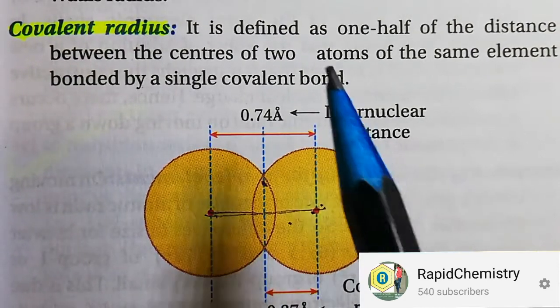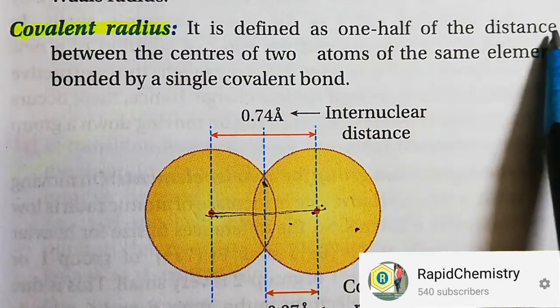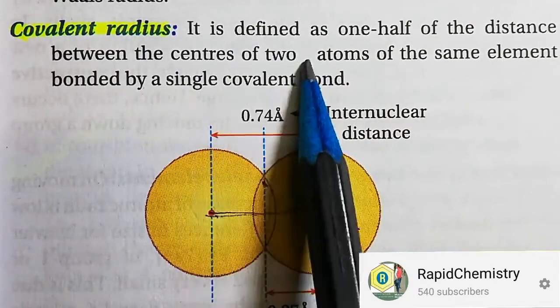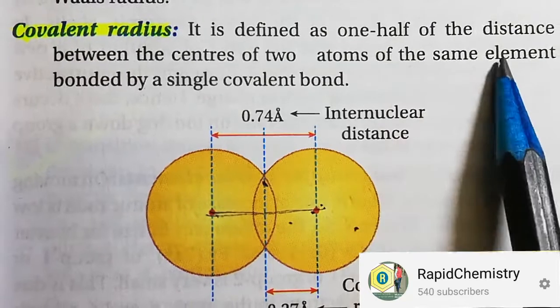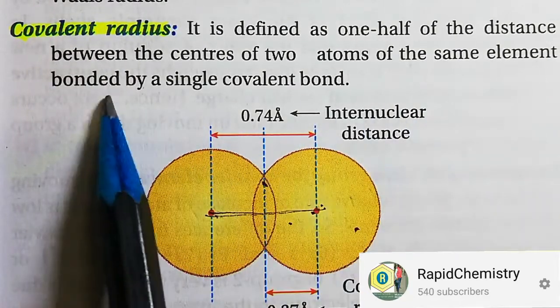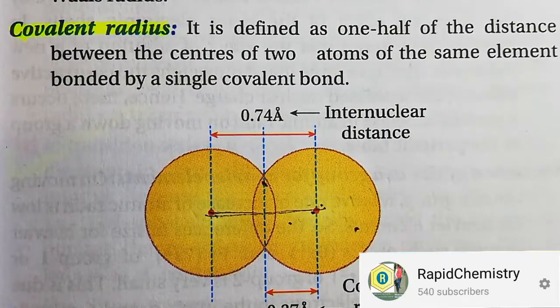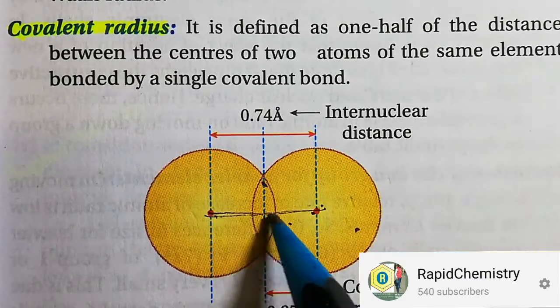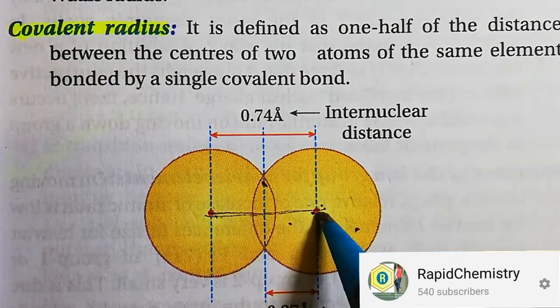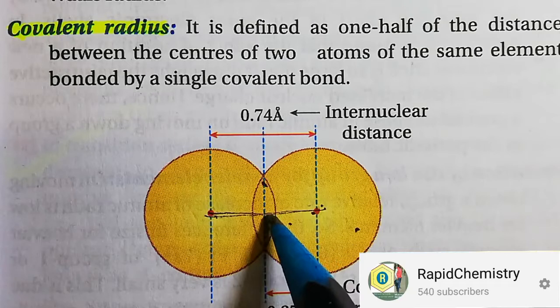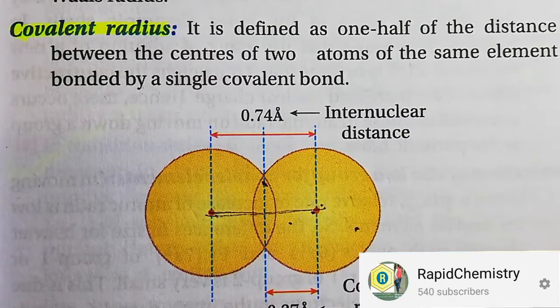It is defined as 1/2 of the distance between the centers of two atoms of the same element, bonded by a single covalent bond, that is covalent radius. The covalent radius is a bit smaller than the radius of the individual atom.